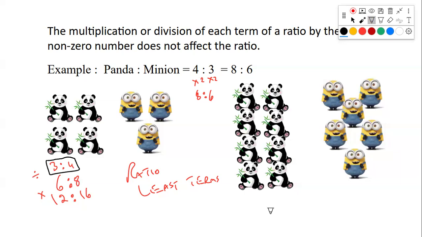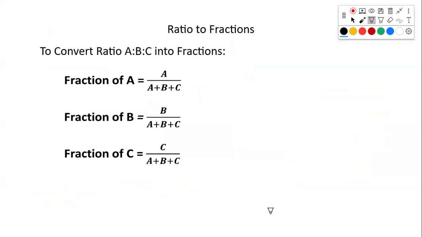So the physical numbers may be different, but when you divide and make it in least terms, that becomes the ratio.